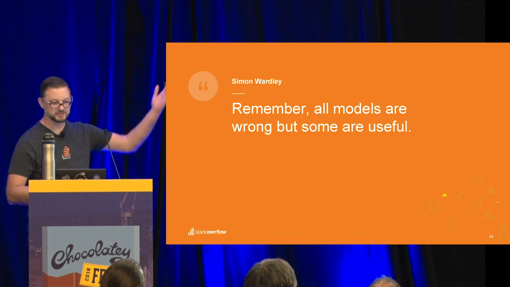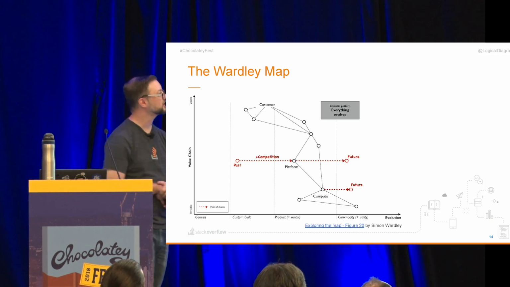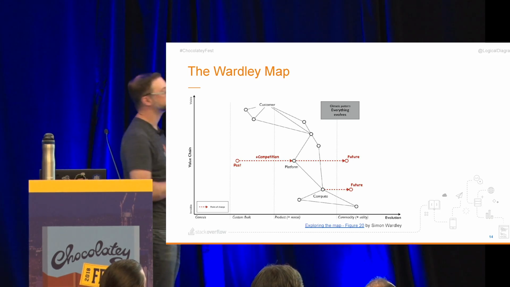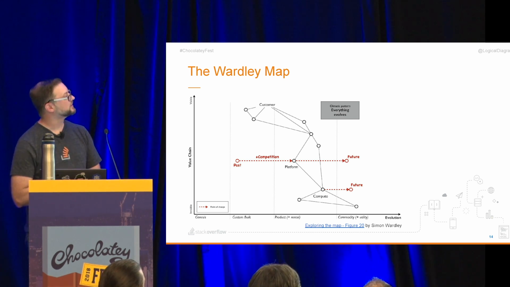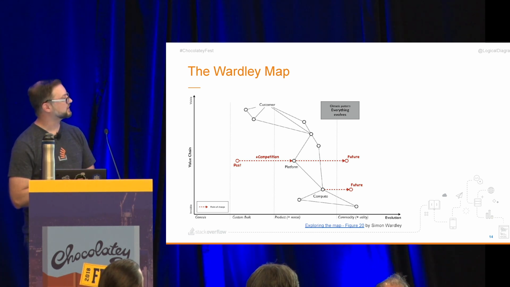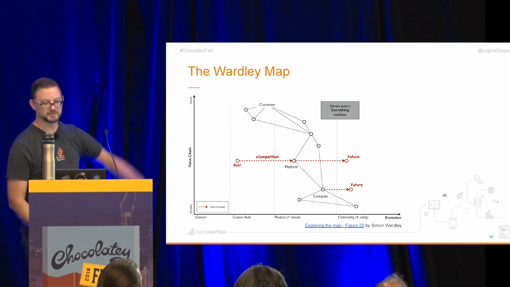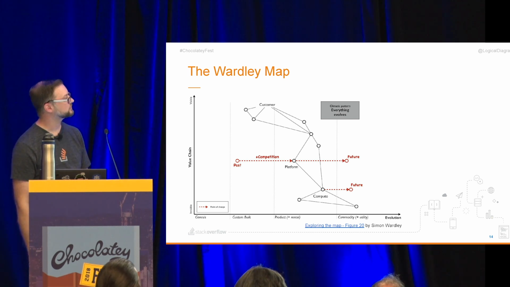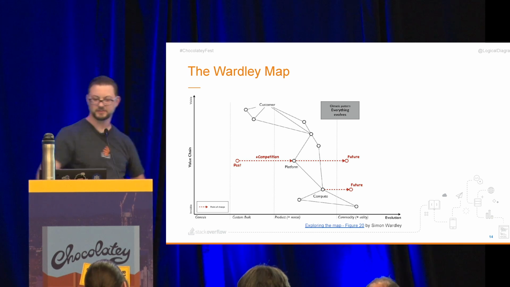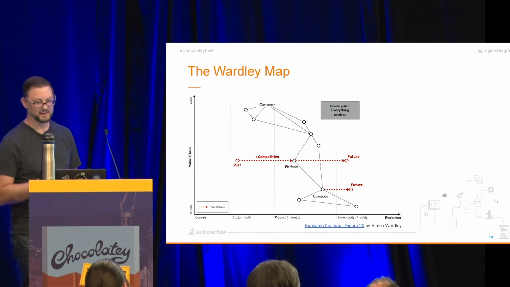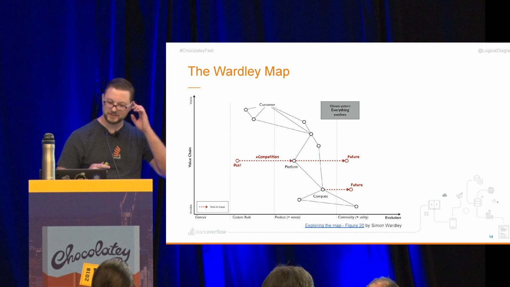So that leads me to this. Let's start to look at an example map and break it down. On the vertical axis, there's a value chain. I'll cover it in a second. I'm skipping ahead. The horizontal is the phase of evolution.